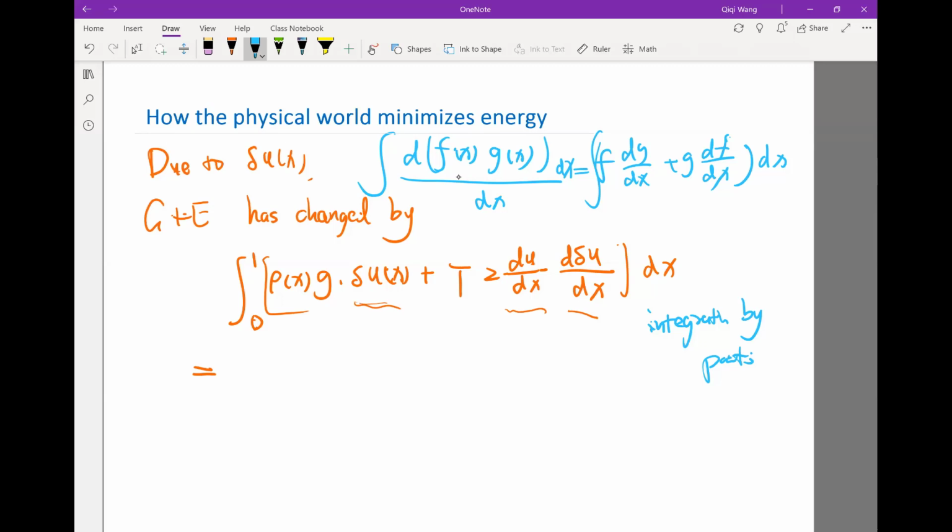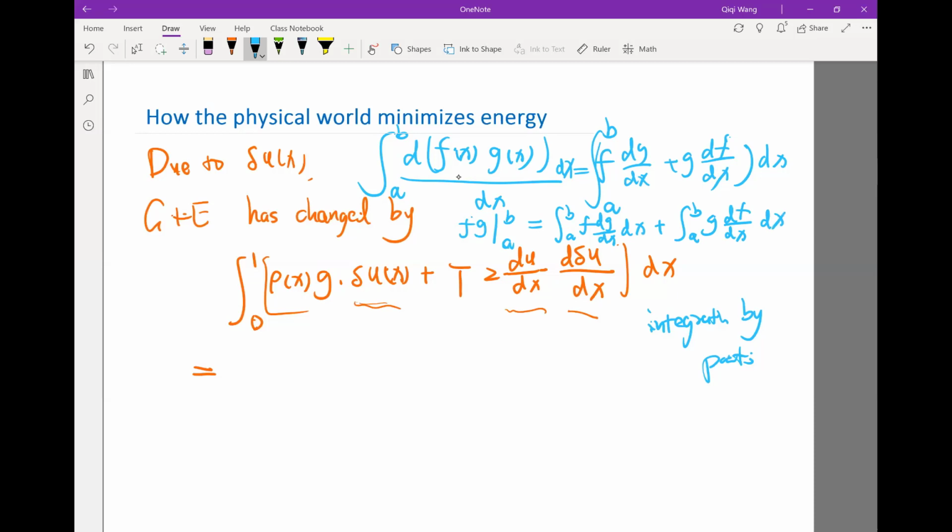What you get is the left hand side becomes fg, evaluated over a fixed interval a to b, and on the right side you get the integration from a to b of f dg dx and g times df dx.